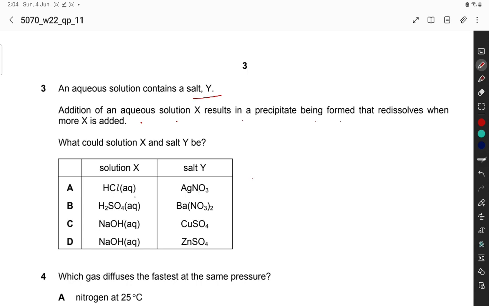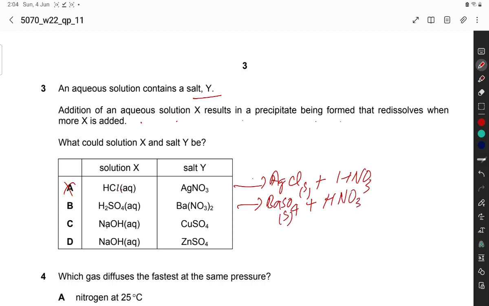An excess of acid cannot dissolve silver chloride. The precipitate is solid silver chloride plus HNO3. So this is not correct. H2SO4 with barium sulfate plus HNO3: this is a solid precipitate that cannot redissolve when more sulfuric acid is added.